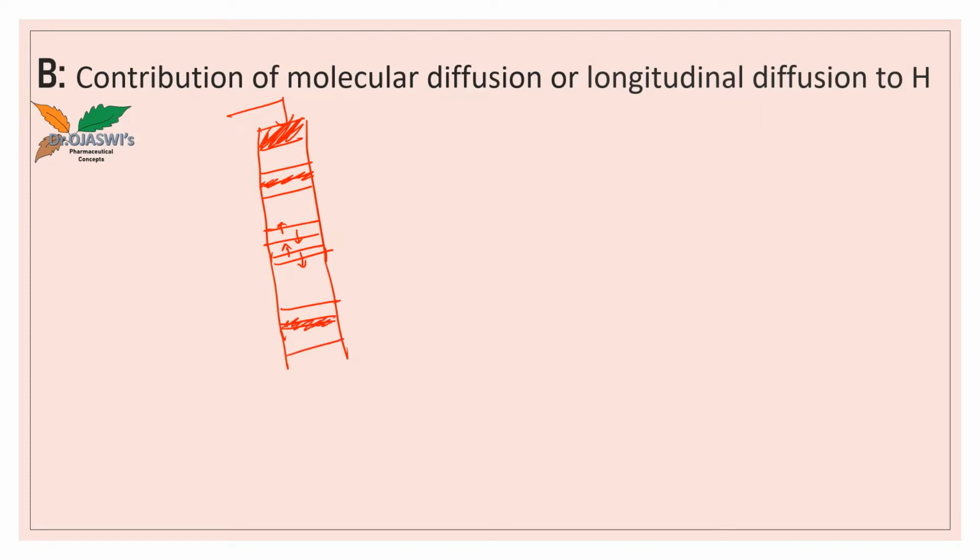Okay, so if remixing is happening, that means whatever separation has happened was of no use. So to control this molecular diffusion, we have to control this longitudinal diffusion so that there is no remixing of the band. There is limited band broadening. Okay, there is control over the peak width.